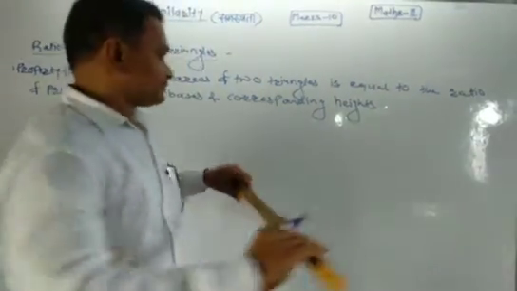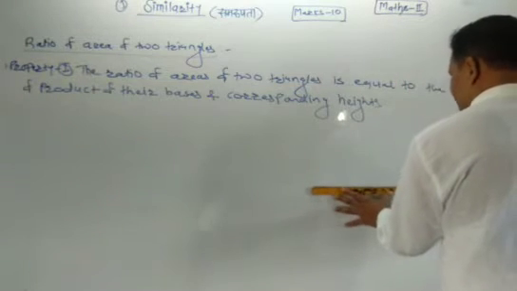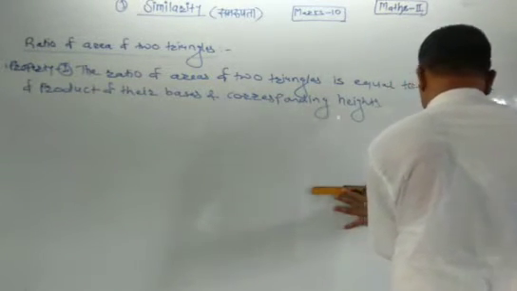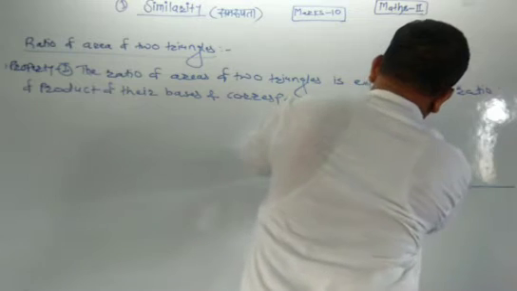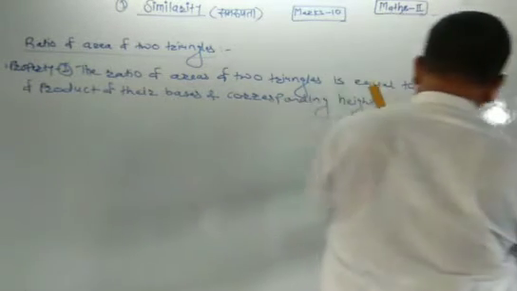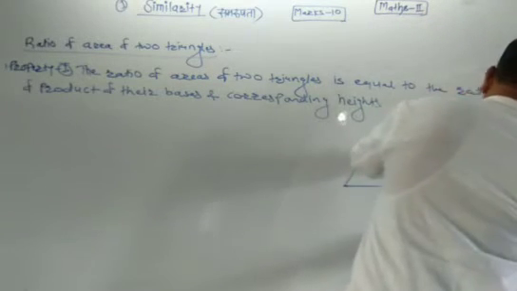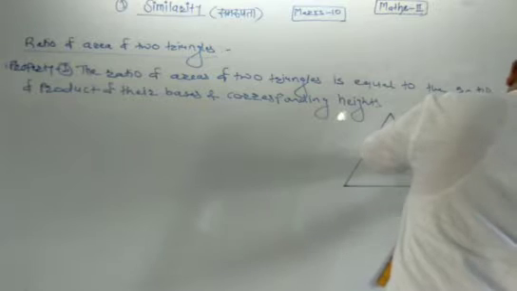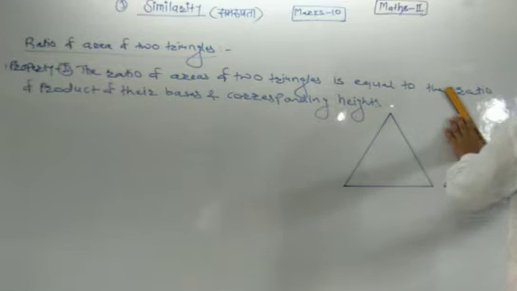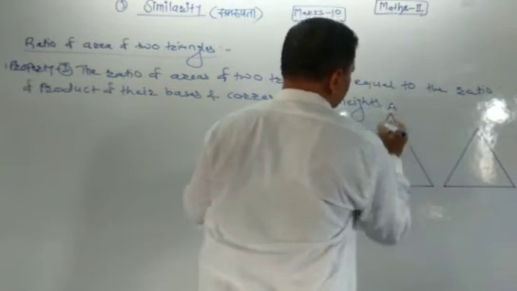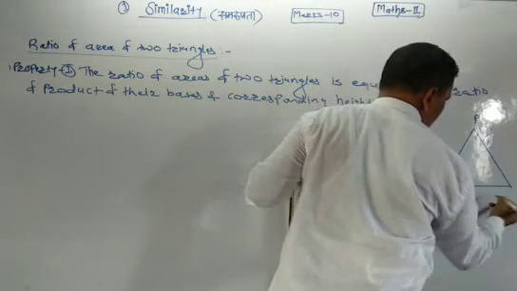Now I am going to draw the figures of two triangles having different bases and different heights: triangle ABC and triangle PQR.